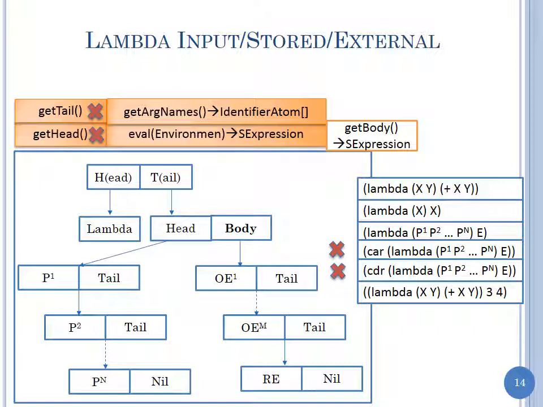We are giving you a more structured access, where we give you the arg names for the external lambda application, because whoever's doing the lambda application has to change the environment of the lambda body before the lambda body is evaluated. So somebody from outside needs the argument names, and it's going to create a new child of the environment. It's going to provide the right environment, and then it'll just call eval on the lambda object, which will just take whatever environment has been given and evaluate its body.